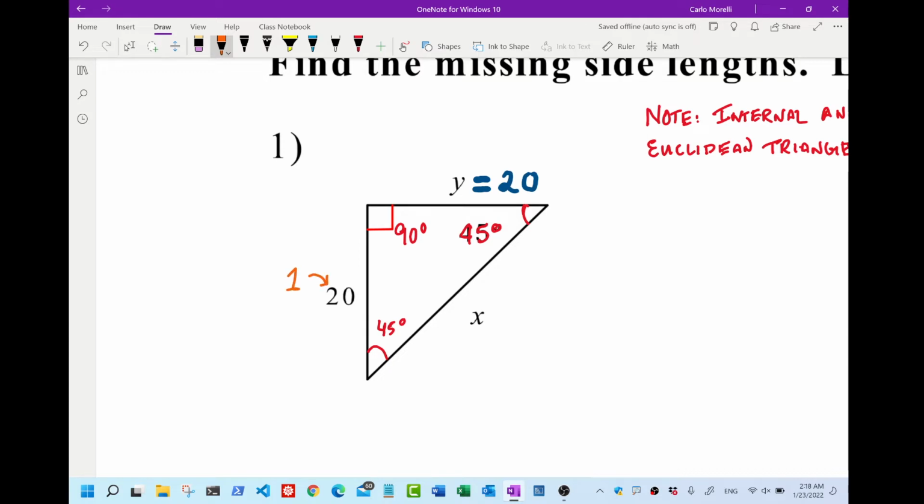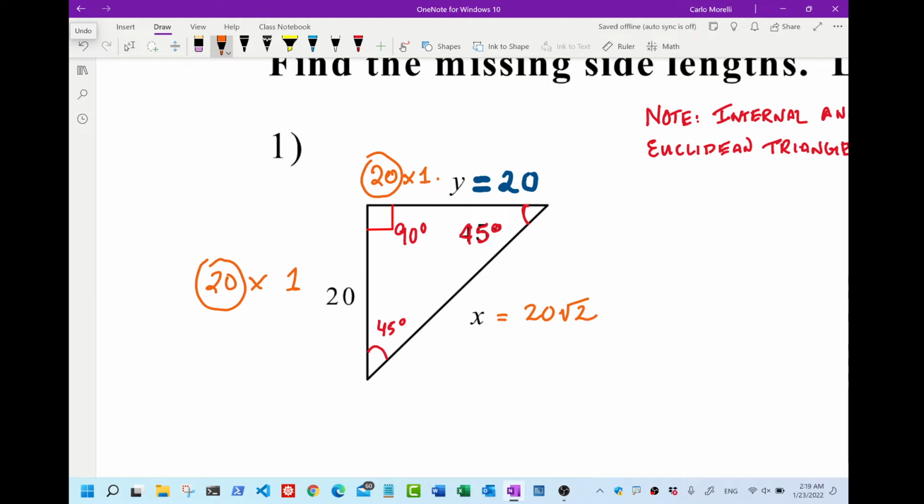Remember I said it was proportional. So 1 got magnified 20 times, okay? And so it was scaled 20 times, so that's 1 times 20. Over here, the same thing happened. You had 20 times 1 gave you a side length of 20. So if the multiplier was 20, then x should equal 20 square root 2.